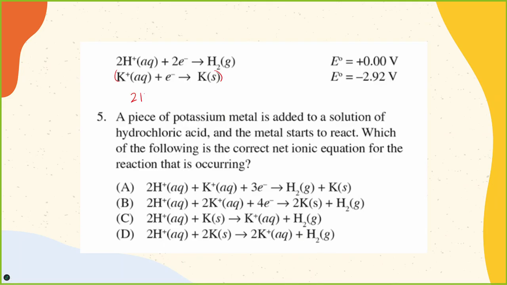So we're going to get 2K going to 2K plus those 2 electrons. That's going to make this positive. And so 2K, 2H plus, 2H plus 2K, 2K plus H2 is D. It's D.